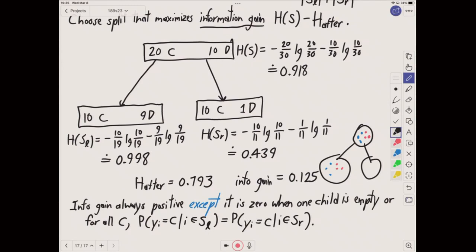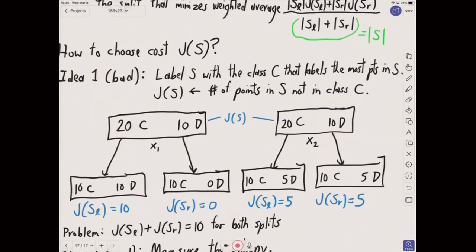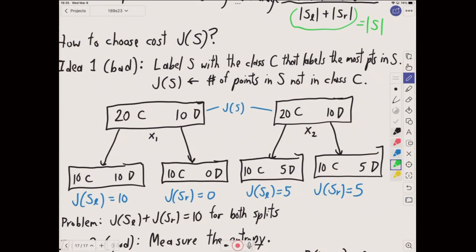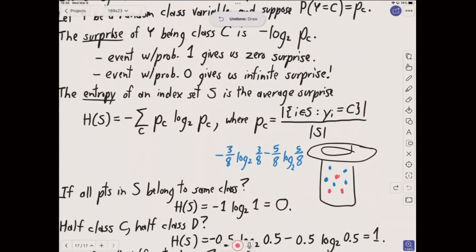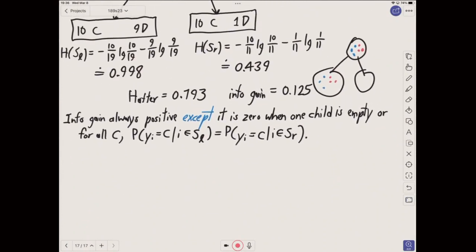That case already came up in one of our examples. Remember, we had this split where the parent has a 2-to-1 ratio of class C to class D, and so do both children. So that's also 0 information gain. Those are the only two circumstances where the information gain is not positive.